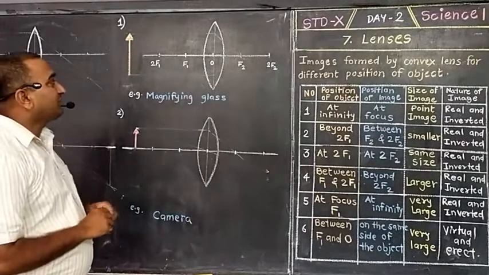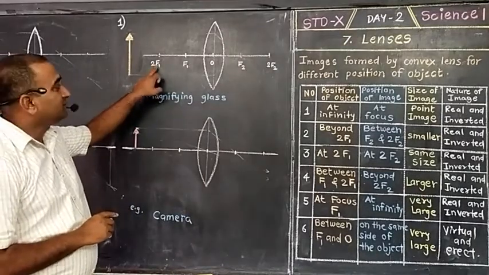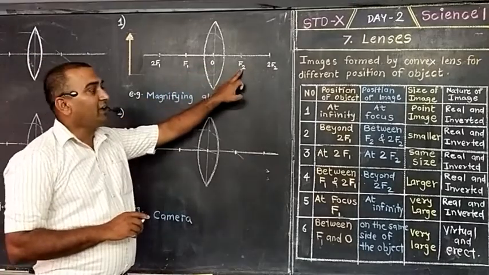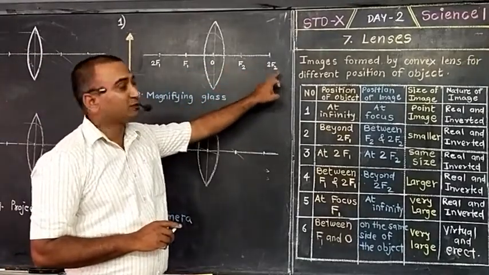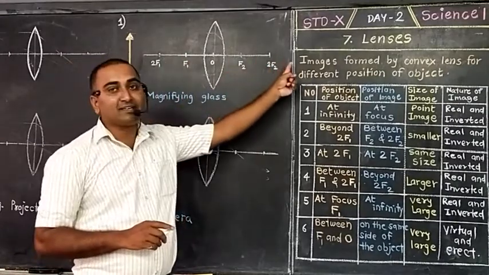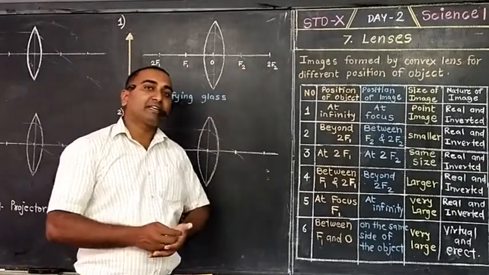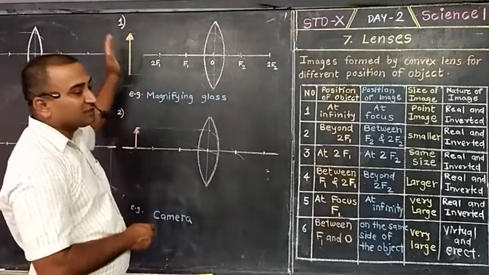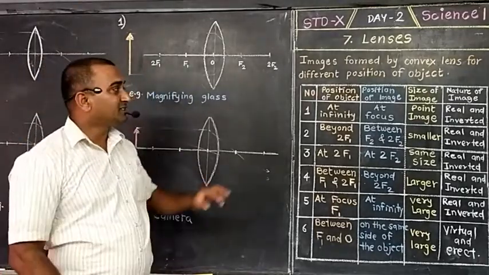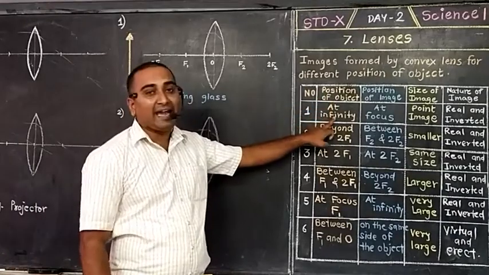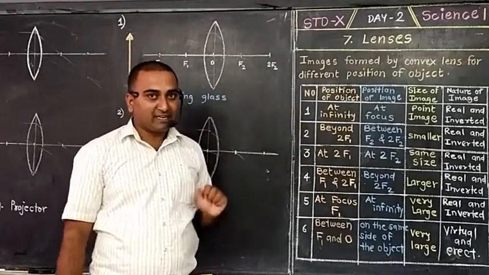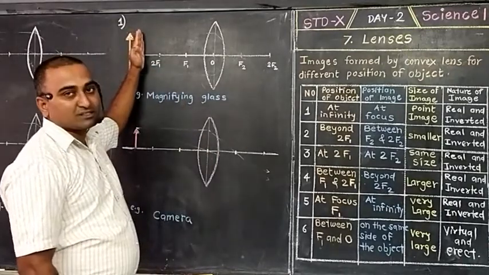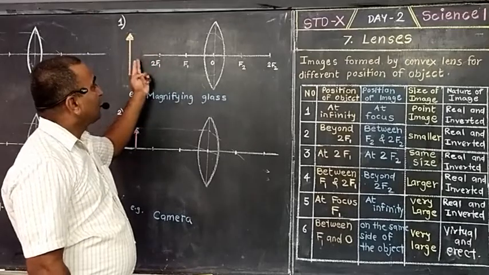So what are the points we have? First 2F1, then F1, then optical center O, then F2 and then 2F2, and this whole line indicates the principal axis. Where can we keep this object now? The first position is far away from the lens, called the position of the object at infinity. Second, if you keep it closer, it is beyond 2F1.